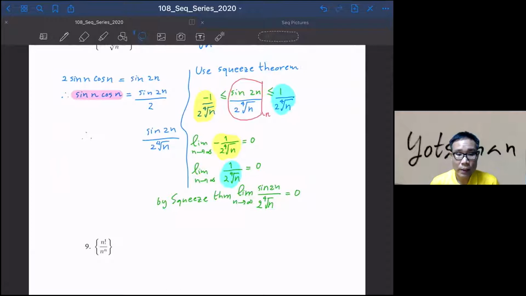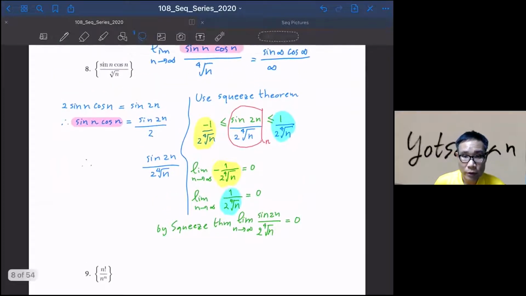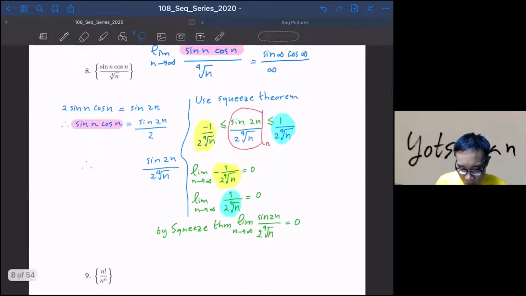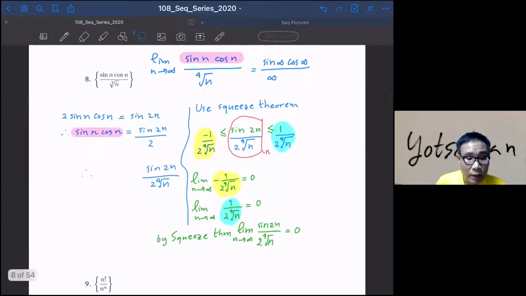That will be the solution for this example. So you see that the thing we use here is the identity sine 2n equals 2 sine n cosine n, which allows us to change sine n cosine n in terms of sine 2n, and that allows you to apply the Squeeze theorem.